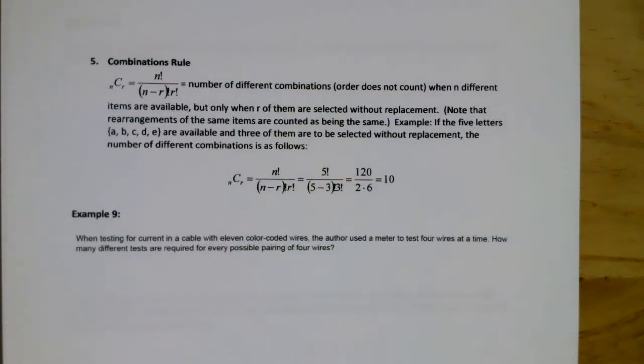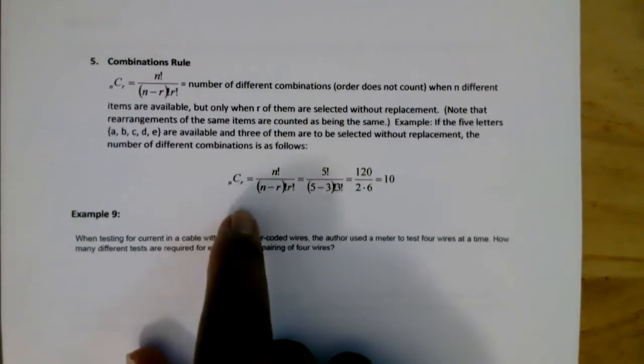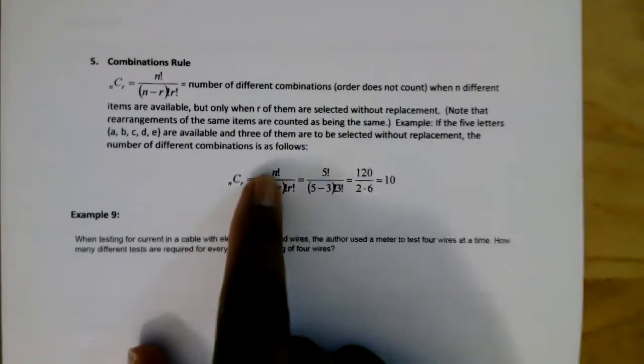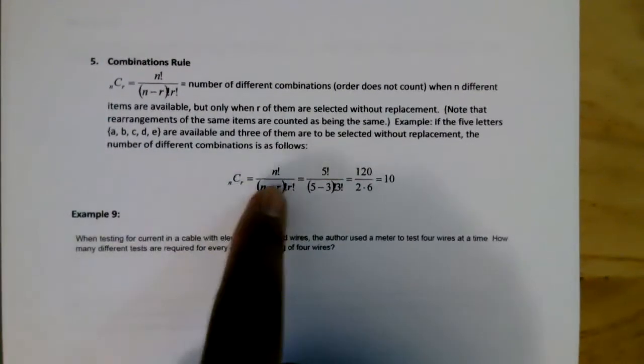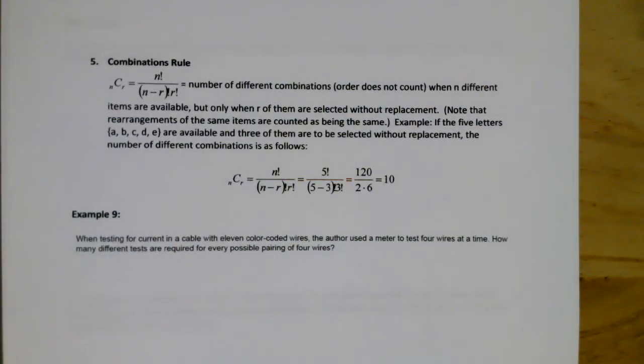So for example, if the 5 letters A, B, C, D, and E are available, and 3 of them are to be selected without replacement, the number of different combinations will be as follows. So here, nCr is this formula here. Your n, there are 5 letters, only 3 of them are selected. We're choosing r, choosing 3.